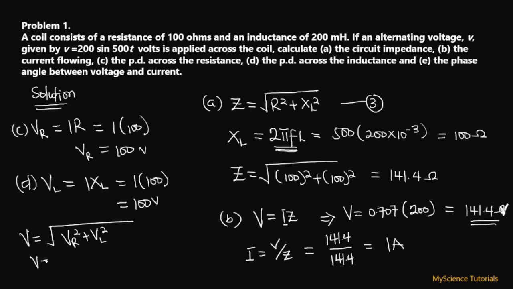So V is equal to the root of 100 squared, which is VR, what we found over here, plus VL, which is also 100 squared. And so if we compute this into the calculator, we are going to get 141.4 volts, which is equal to what we found over here earlier on.